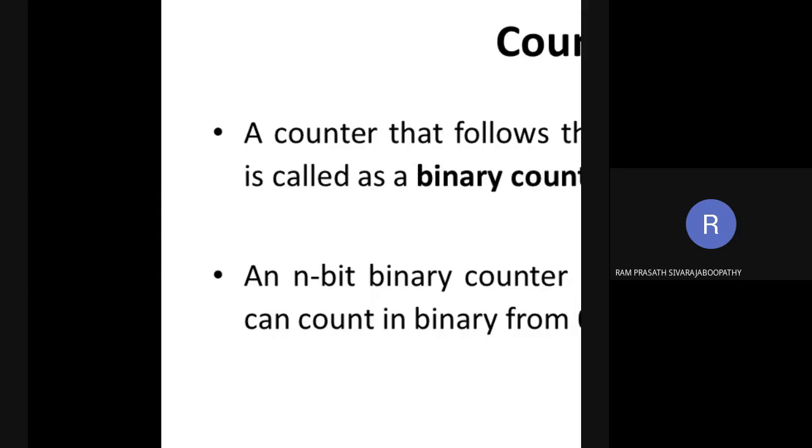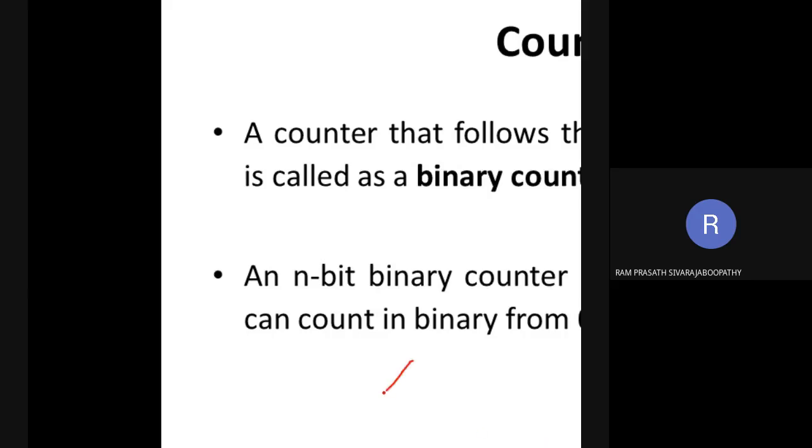We have already discussed this formula: capital N is equal to 2 to the power n, where capital N is the number of states and small n is the number of flip-flops. So totally we have 2 to the power n states, that is capital N, which ranges from 0 to 2 to the power n minus 1.